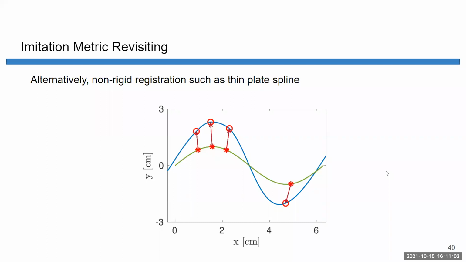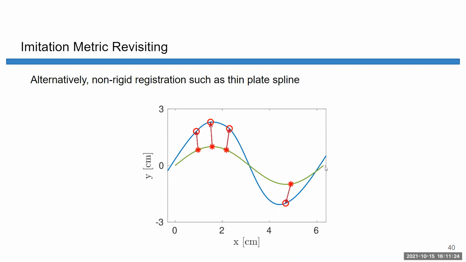Alternatively, we can also consider adapting trajectories by non-rigid registration such as thin plate spline. So here is an illustrative figure. The green curve denotes the original demonstration trajectory.